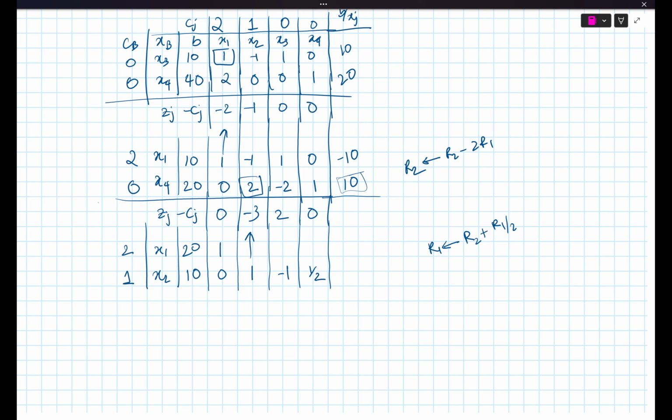1, 1 minus 1 is 0, minus 1 plus 1 is 0, half plus 0 is half. Put zj minus cj.